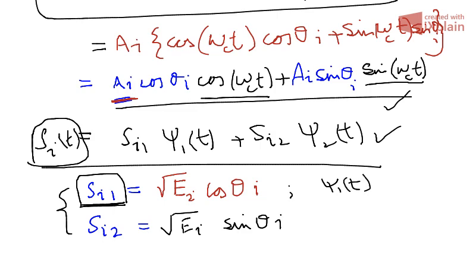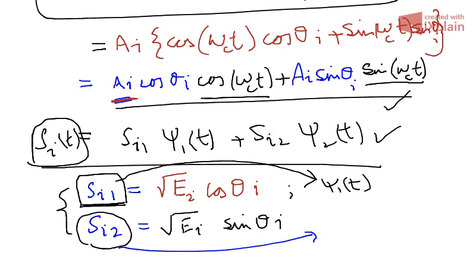So it is the image. This Si1 is the image over psi 1, and similarly Si2 is the image of Si of t over psi 2 of t.